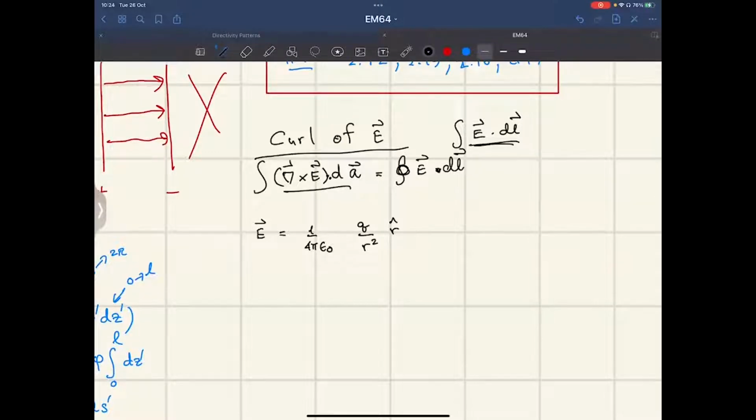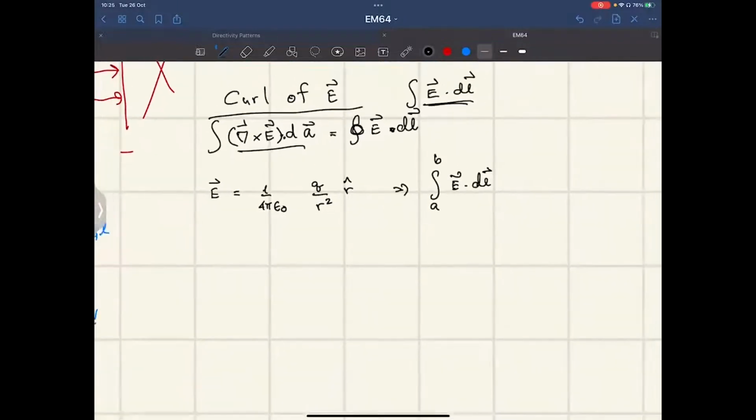So we want to find the line integral of this E field from A to B.